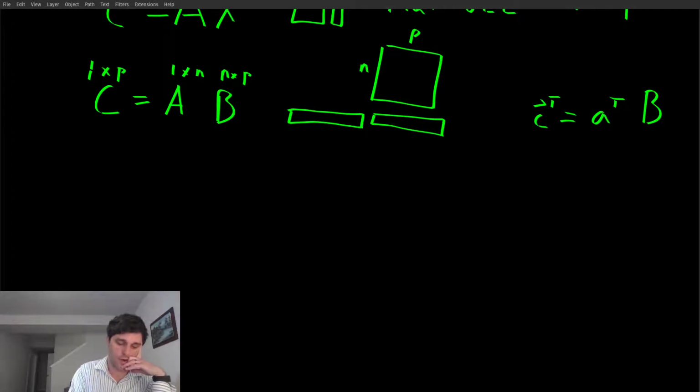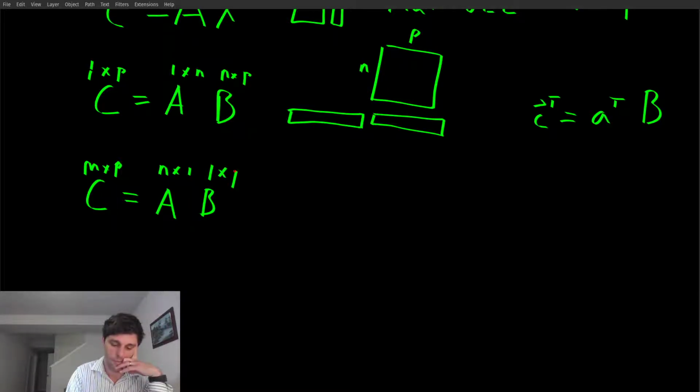So now I'm keeping m and p. C is m by p, A is m by 1, and B is 1 by p.